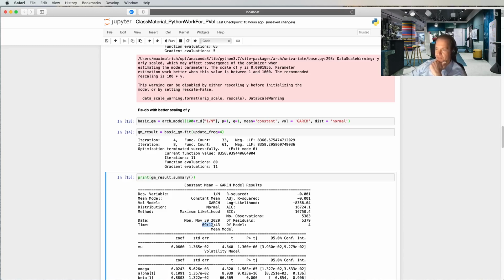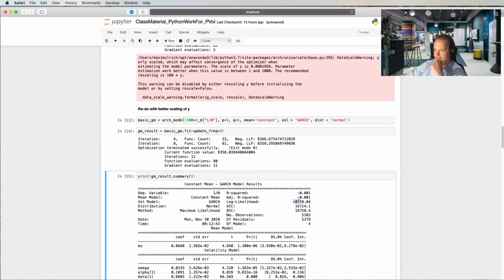Estimation was really fast. R square, adjusted R square looks 0, but all right. I mean, we did not do any predictions, just extracting the variance. Here's the likelihood, the log likelihood. Then we have the AIC, the BIC, number of observations, 5,000 roughly.